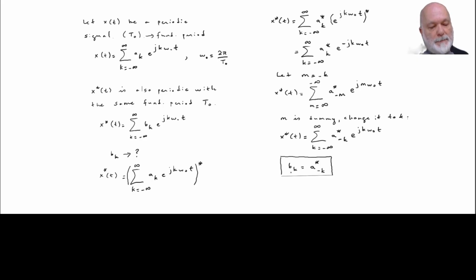So our next concept to be discussed is this point. Okay, now to summarize the result we have just obtained, if x of t is a periodic signal with Fourier series coefficients ak, then the complex conjugate of x of t will have the Fourier series coefficients a minus k conjugate.